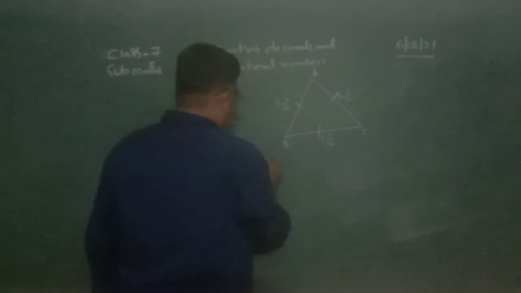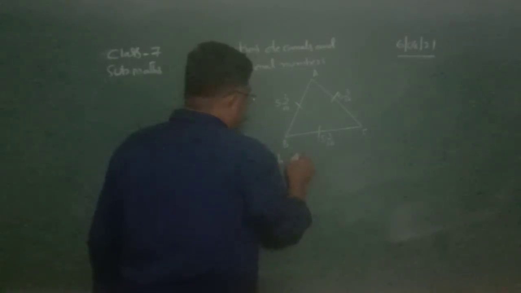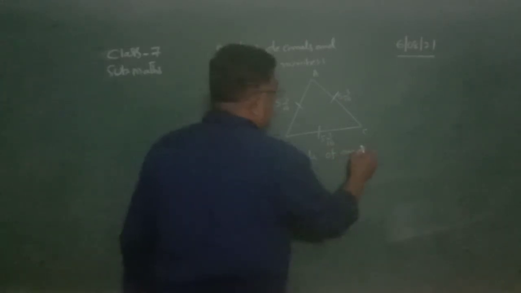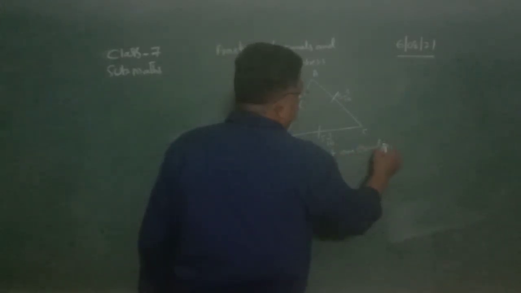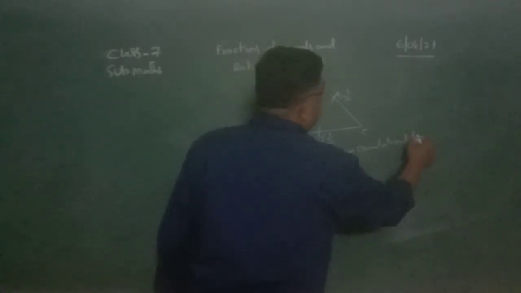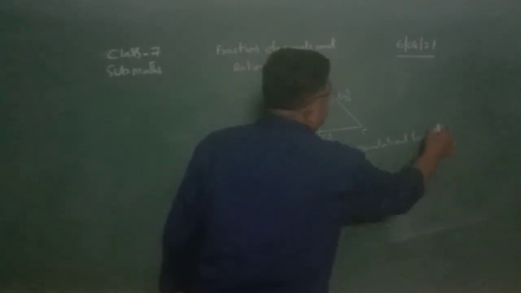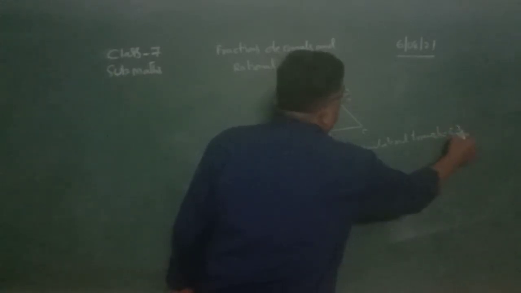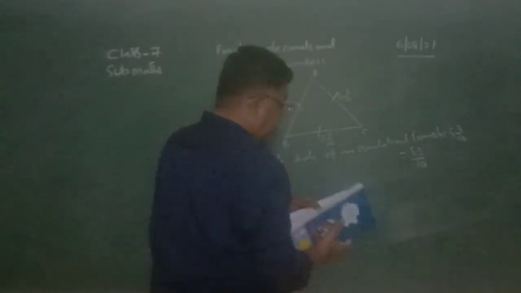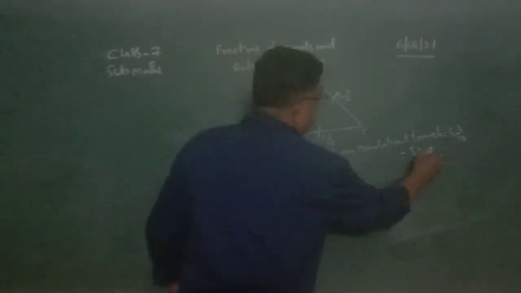So each side of an equilateral triangle is equal to 5 3 by 10, that is equal to 53 by 10 centimeters.